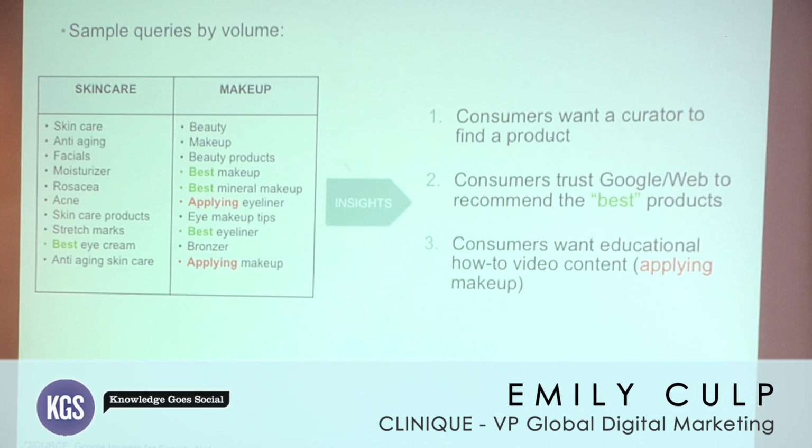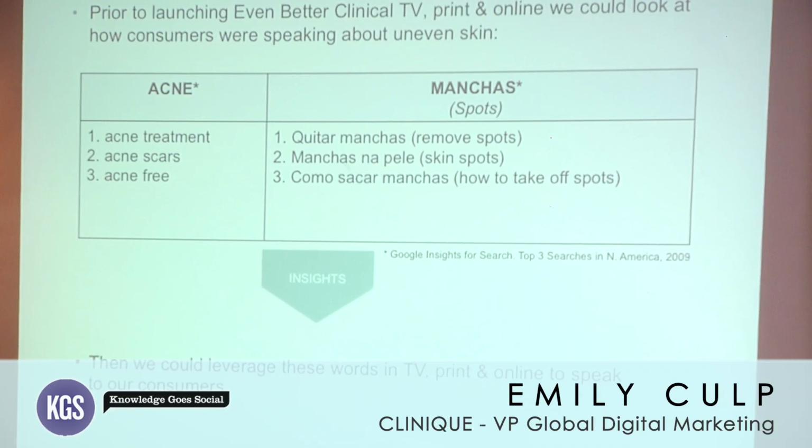If we go to the next slide, Google Search Insights also helps us refine how we can speak to our consumers. So something that we actively do is, prior to launching any type of product, we go into the search or the digital space about 6 to 12 months prior to product launch, and we start to look at how consumers are talking about this category, especially if it's a new category.